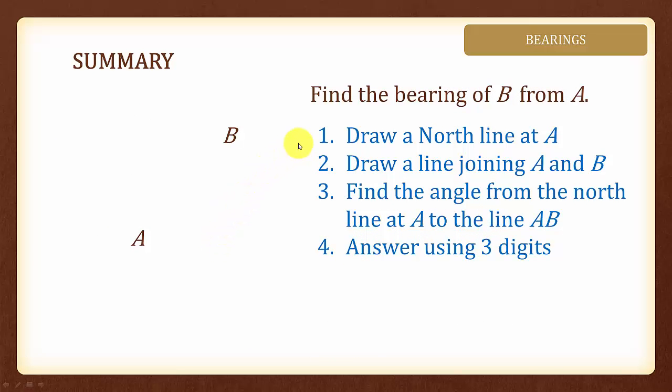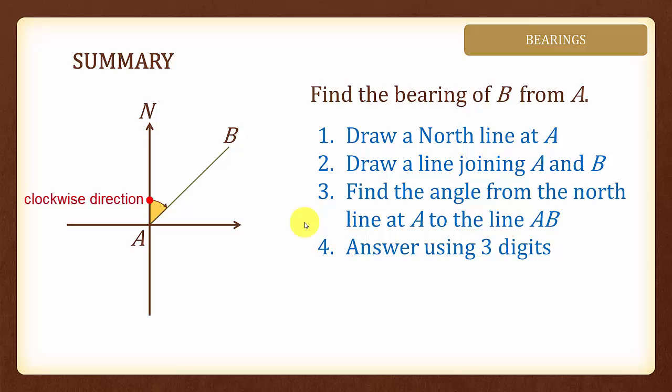In summary, to find the bearings of B from A, we will follow these 4 steps here, which is to first draw a north line at A, followed by drawing the line from A to B. And we will start off with a point at the upper part of the north line. And the bearings of B from A is the angle from the north line to the line AB.